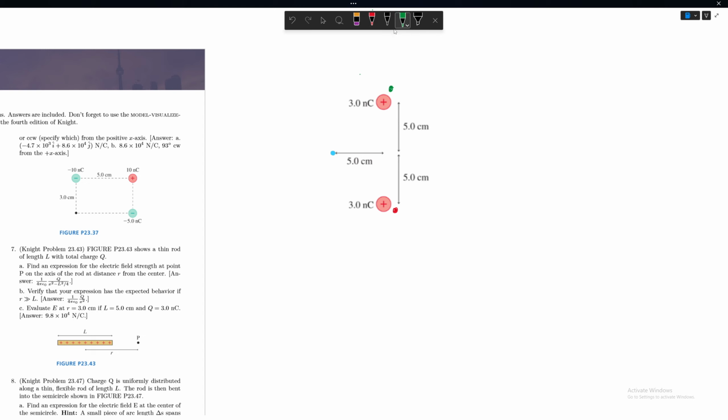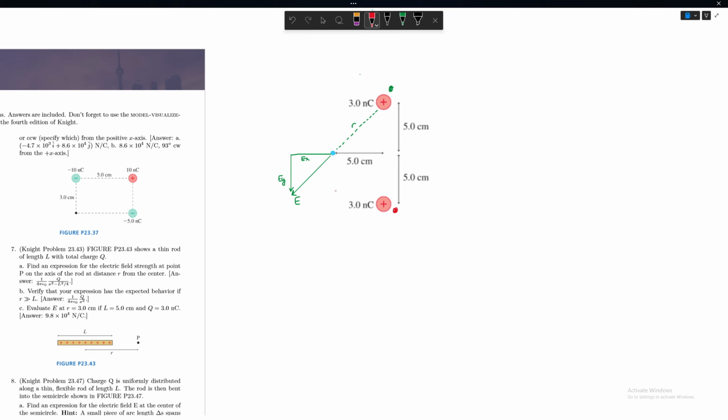Okay, so we know my green will exert an electric field, this is r, and it will create an electric field this way, right? And this is positive, so it's away. And this electric field has an x component and a y component, just like all the other electric fields. Nothing too special.